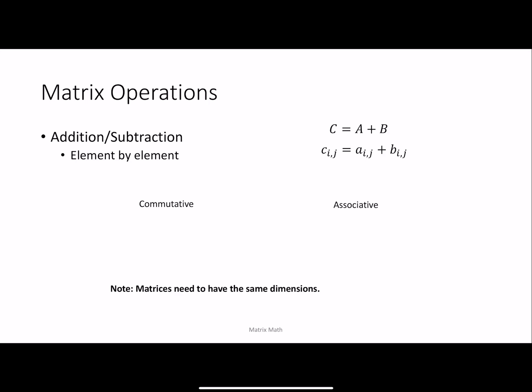For example, if we have A plus B, this result will be the same as B plus A. And likewise, if we have A plus B plus C, but we decide to take A and B first and then add C, this is equal to A plus B plus C. So we can do this the other way around. And of course, to add two matrices, they have to have the same size.